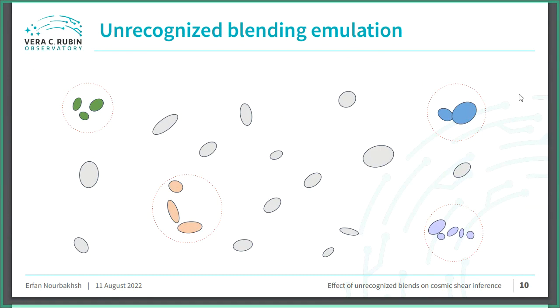No, we don't make that assumption. We just take those areas, which is a smaller area of the sky, and then we inspect them. And these are our candidates. And we figure out how many of the galaxies in those dense regions are actually unrecognized blends. And then we proceed to the next step in our study.